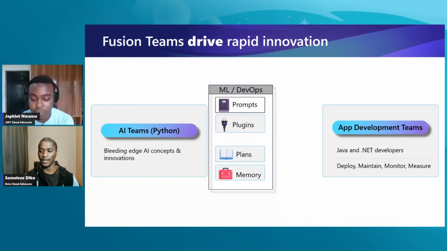And after they figured it out, they really need the partnership of the app development teams to move this work into production. So you're trying to get two teams together.